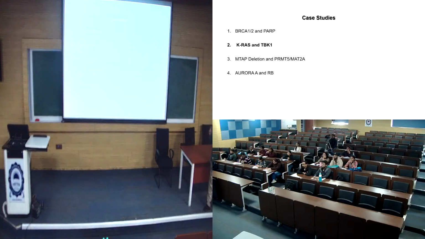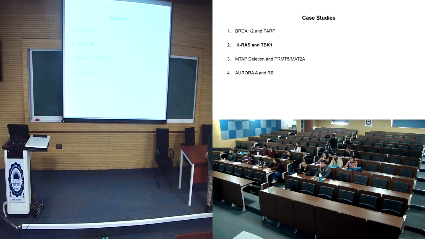Okay. Now let's look at the second case for synthetic lethality, KRAS and TBK1. So yesterday we spent a lot of time on KRAS. KRAS is one of the most mutated genes in humans, and it is responsible for the vast majority of cancer, especially highly aggressive cancer.